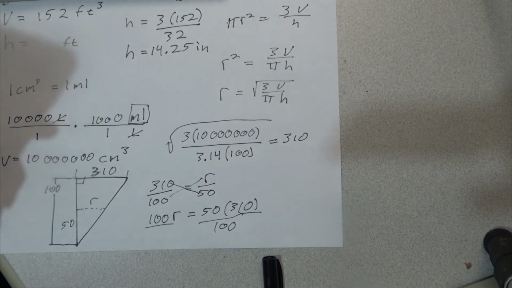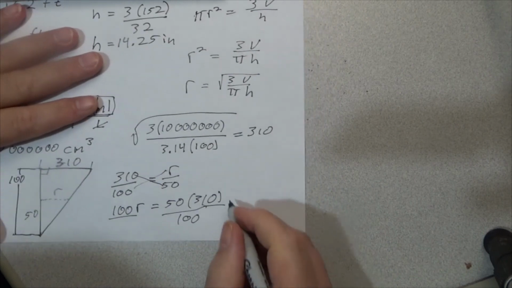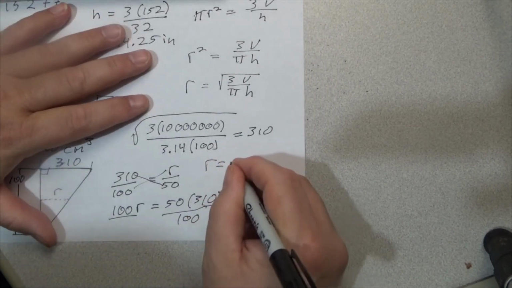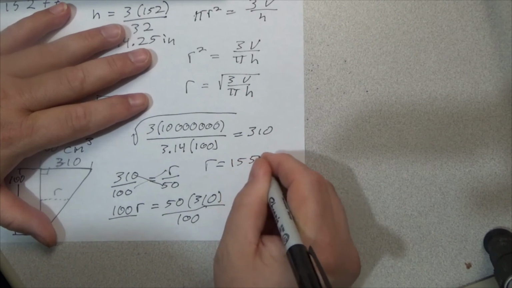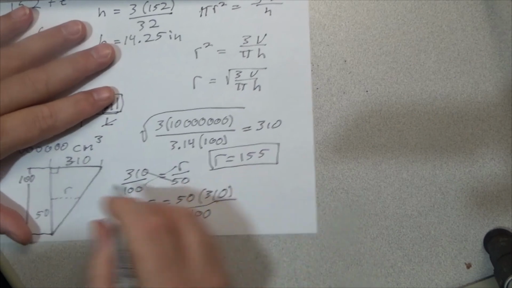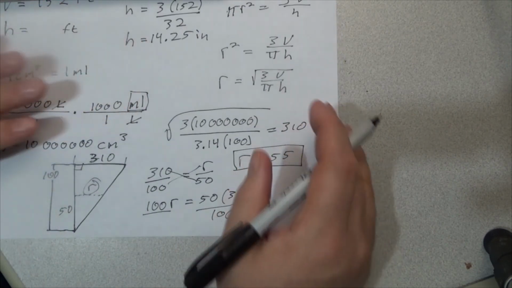Fraction bar, 50 times 310 divided by 100. Oh, I get that radius is equal to 155. Right there.